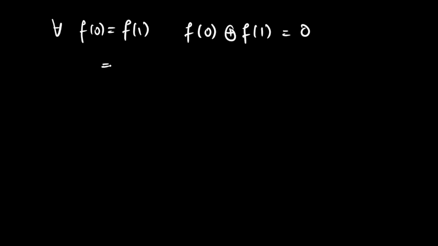Now for all f(0) equal to f(1), f(0) XOR f(1) will be equal to 0, which implies the 0 state can be written as |f(0) XOR f(1)>.